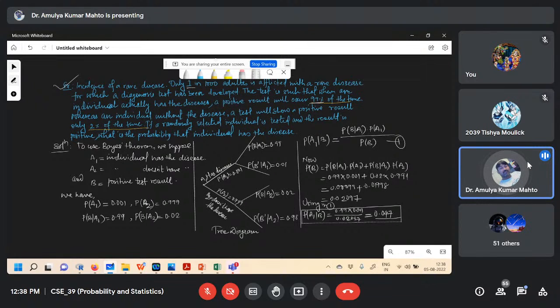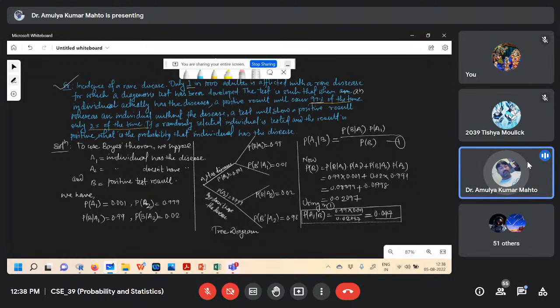The test is such that when an individual actually has that disease, a positive result will occur 99% of the time. Means there is an error of 1%. Those who are actually having that disease, if they are tested, only 99% of the time the result is positive. 1% error is there.